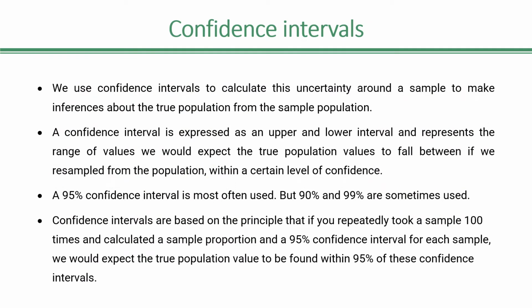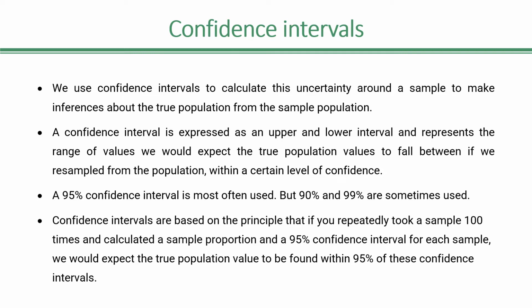We use confidence intervals to calculate this uncertainty around a sample, to make inference about the true population from the sample population. A confidence interval is expressed as an upper and lower interval and represents the range of values we would expect the true population values to fall between if we resampled from that population within a certain level of confidence.